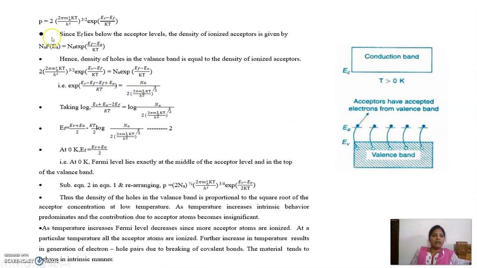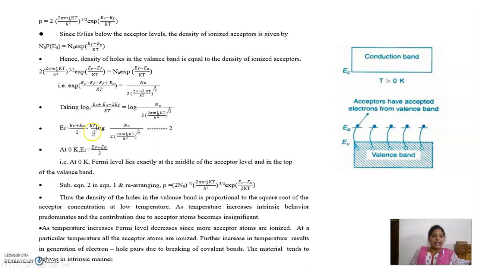Fa is equal to 1 by 1 plus exponential of (Ea minus Ef) by k beta T. Neglecting the 1 in the denominator and rearranging, we get exponential of (Ef minus Ea) by k beta T. Now we take the condition that the density of holes in the valence band is equal to the density of ionized acceptors. So we equate this p equation and the Na Fa equation. If you equate these two equations, applying log and rearranging the terms, we get EF as equation number 2.